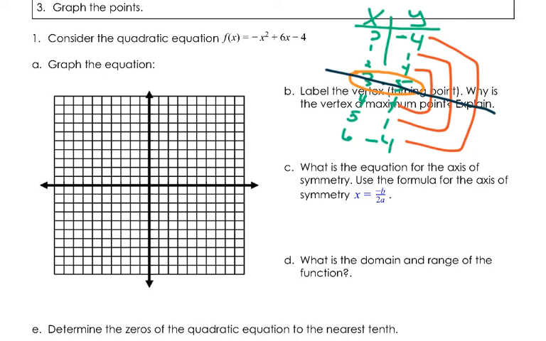So I'll keep it up so we could graph them. 0, negative 4, 1, 1, 2, 4, 3, 5, 4, 4. If you notice, these are actually just lining up very nicely with each other. Okay.